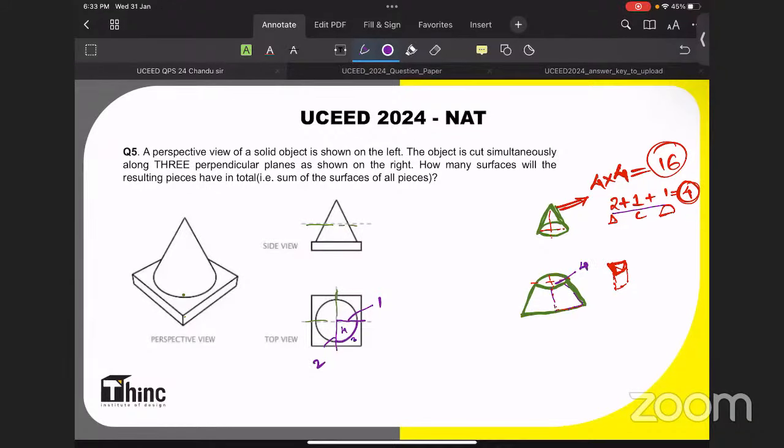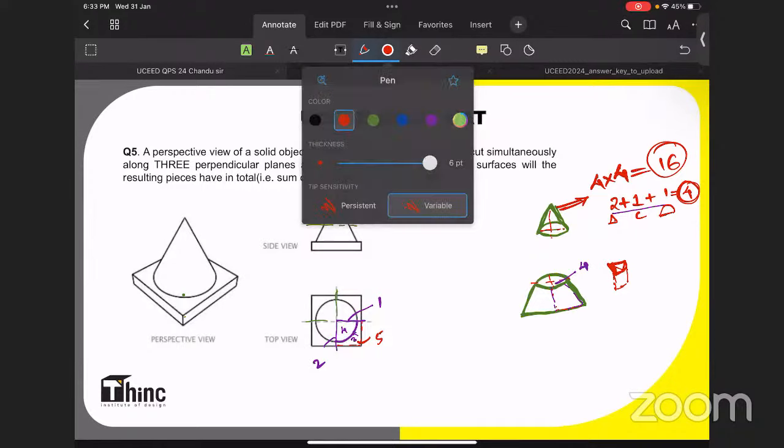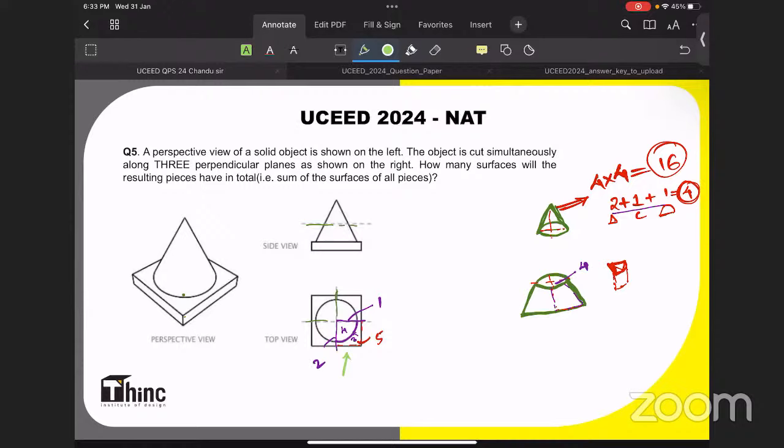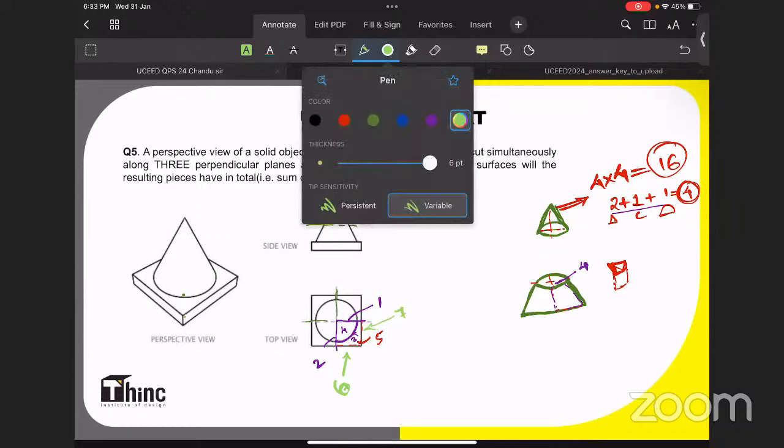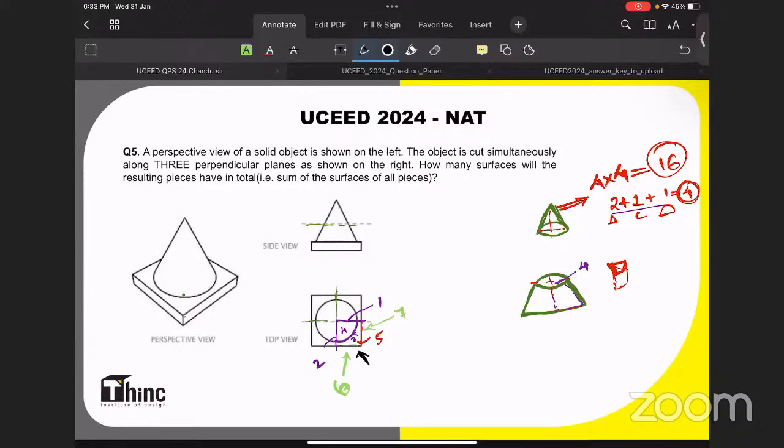So this 3 is for this curve only. And you can have the surface number 5 for this platform-like piece. Then you can go for this side. Sorry, this is the 6th side, and this is the 7th side. And there is one from the bottom also, opposite of 4, that is 8. So this piece is having 8.